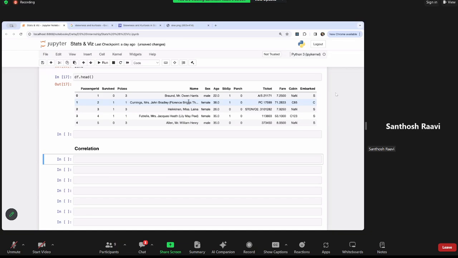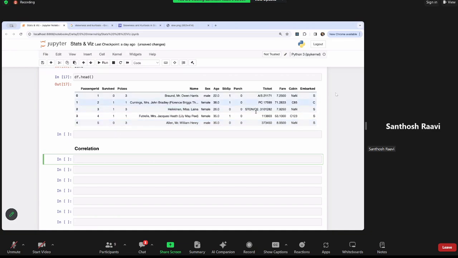The reason behind is that correlation gives us information about the variables. Variables here means columns. Say for example, here, pclass is one column, nothing but a variable.